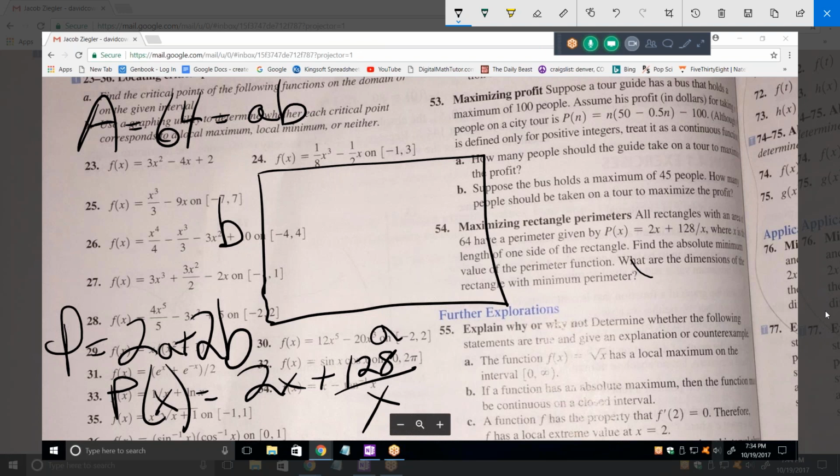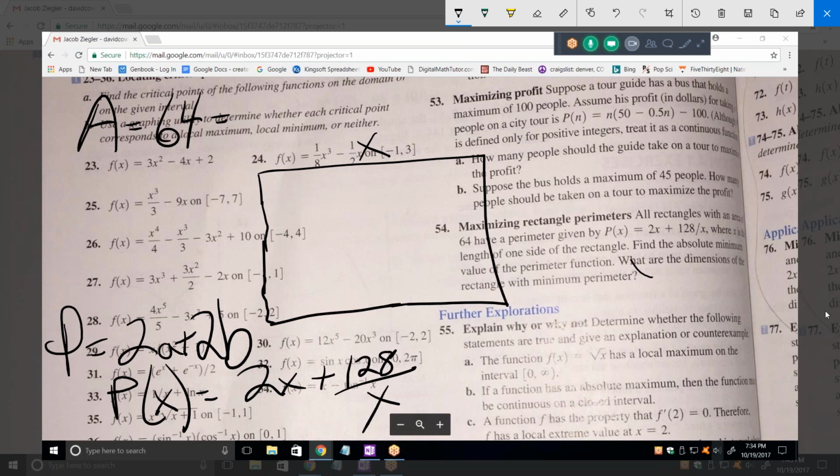Find the absolute minimum of... All right, this is not as hard as I was making it out to be. Let's not change those variables. Let's just make that x. They said one side of this rectangle is x.